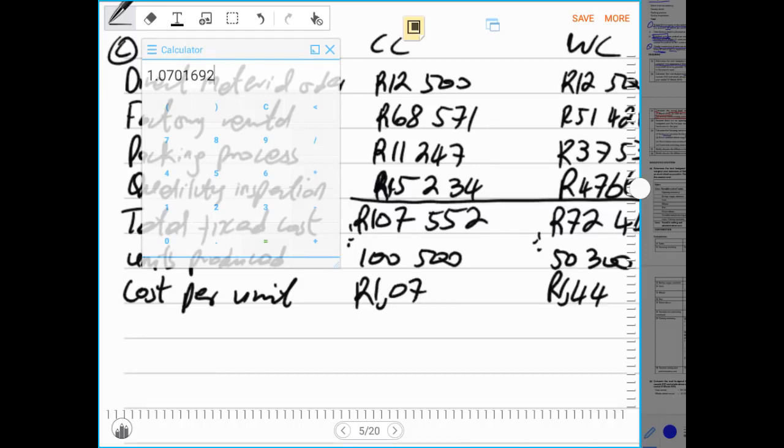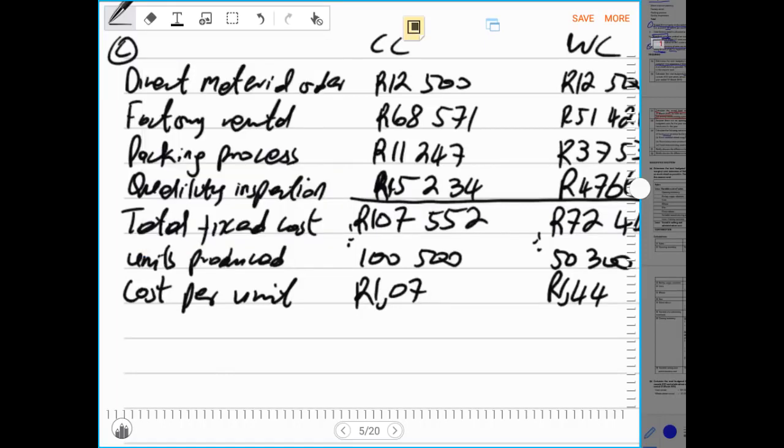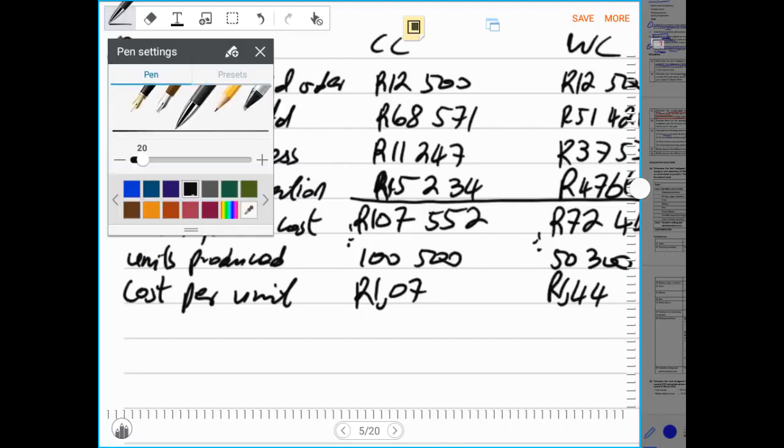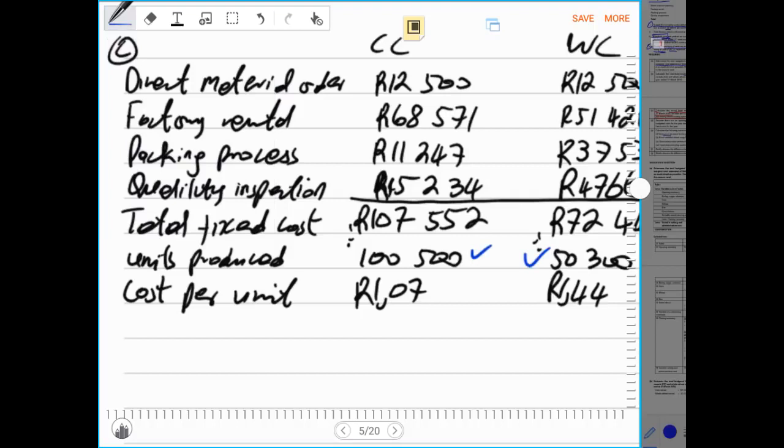Remember, the reason why we're taking into account the actual production, which is the actual units manufactured, is that in some of the calculations we took into account the actual units manufactured, because we're allocating the actual fixed cost. So actual fixed cost will be based on the actual production, hence we use actual.